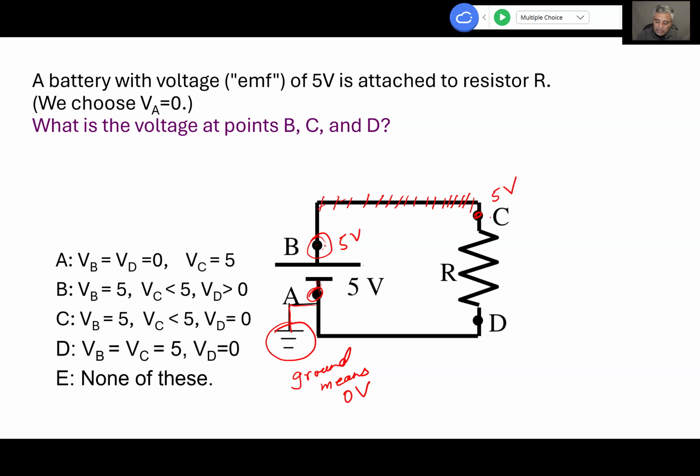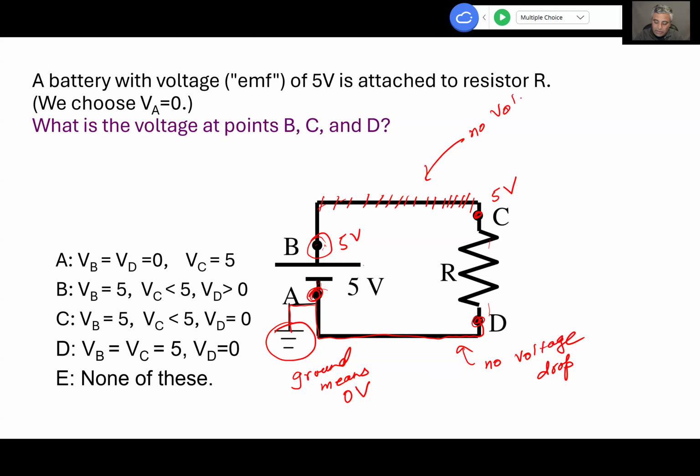That's why C also has 5 volt. But now, once it crosses this resistance, see, D and A are connected by a simple wire. And a simple wire does not have resistance, so no voltage drop. Same thing goes here, no voltage drop.